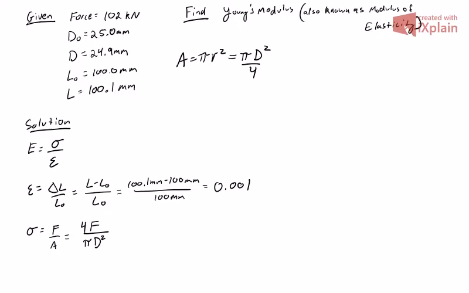Well, so now the question is, do we use the initial diameter of the rod, or do we use the current diameter of the rod? So this is where we get into how stress and strain are actually calculated in engineering applications. When we calculate strain, we use this difference between current length and initial length.